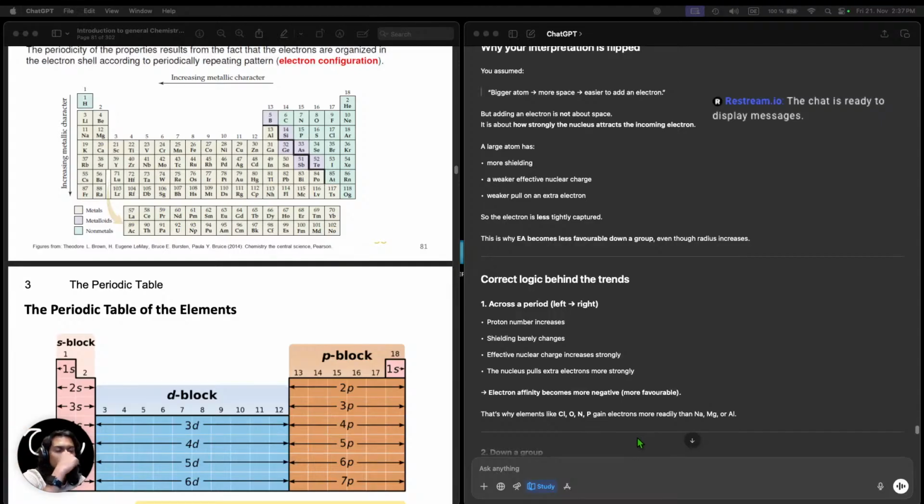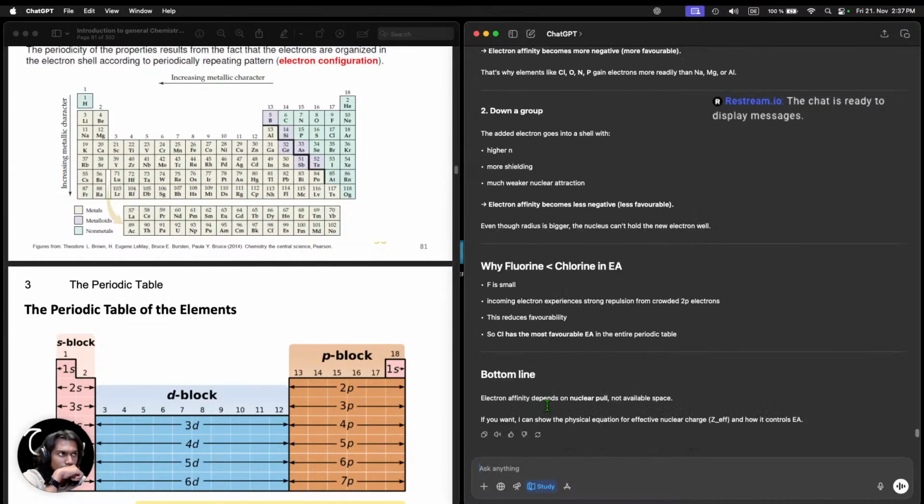So adding an electron... Now again, let me go to this electron. Electron is a wave. To add a wave to an atom that has existing electrons, the nucleus has more pull to add.